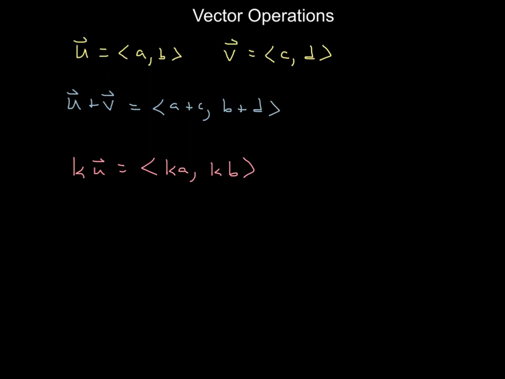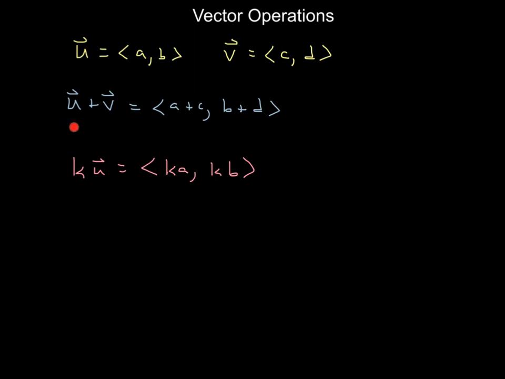Now let's take a look at the vector operations that we have. We know vector addition and scalar multiplication. Those are our two main operations. And so in this case, I have two vectors, u, which is the vector a, b, and vector v, which is the vector composed of c and d.